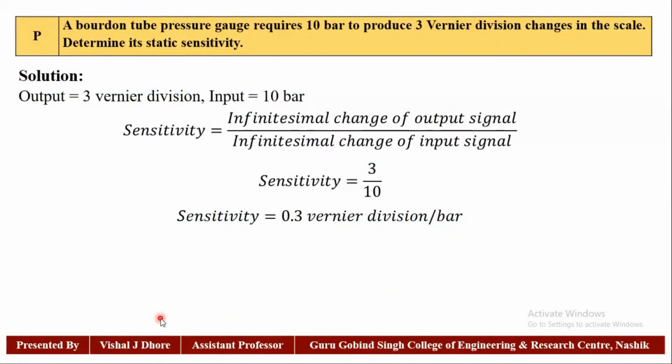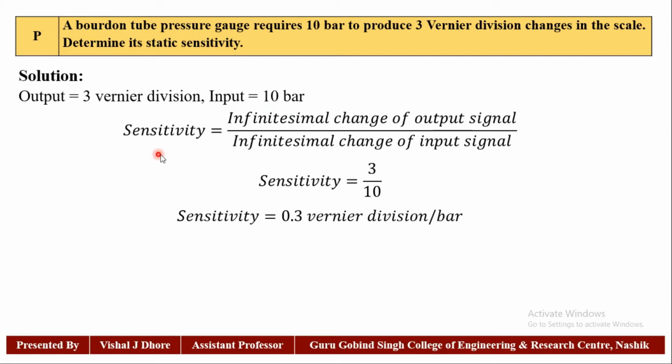Now we can take some simple numericals. This is the first numerical. A Bourdon tube pressure gauge requires 10 bar to produce 3 vernier division changes in the scale. Determine its static sensitivity. As per the statement, the output is 3 vernier divisions and the input is 10 bar. We have to calculate the static sensitivity.